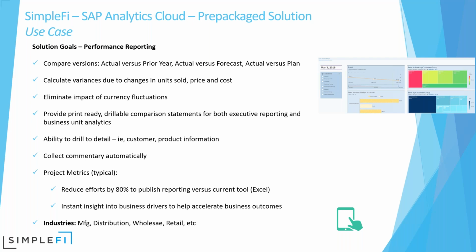In addition to that, SAP Analytics Cloud, like BPC, the on-premise solution, has the ability to collect commentary information. So as you're explaining variances, you can input explanations and aggregate that commentary up and use it to help build your board commentary.